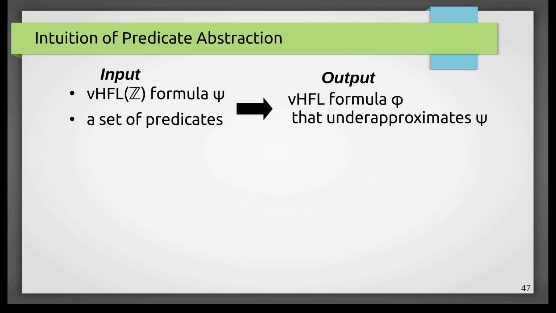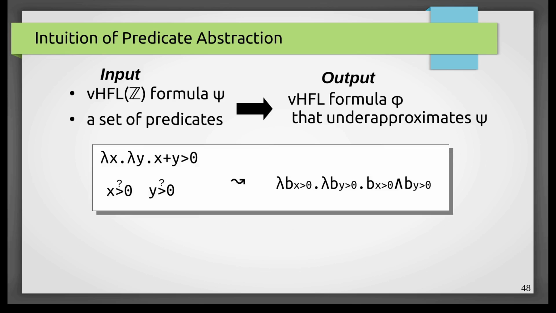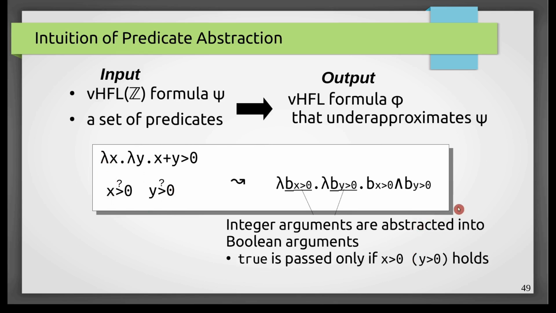Given nuHFL formula psi and predicates, the goal of predicate abstraction is to calculate pure nuHFL formula phi that approximates psi. Let's consider abstracting this nuHFL formula using these two predicates. In our method, integer arguments are abstracted into Boolean arguments.